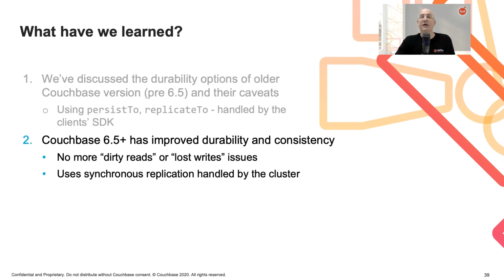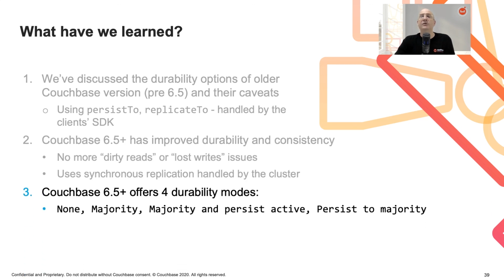Couchbase 6.5 has an improved durability and consistency engine, which eliminates problems such as dirty reads and lost writes. This mechanism uses synchronous replication between nodes, and now the logic is handled by the cluster. Couchbase 6.5 offers 4 different durability levels: none, majority, majority and persist active, and persist to majority.